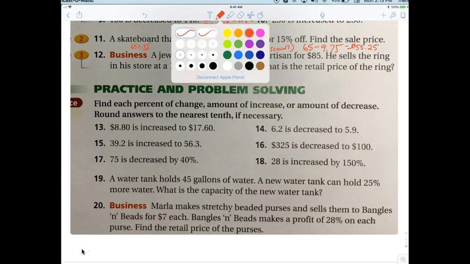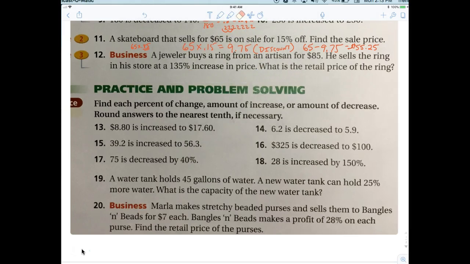Do you really think someone would pay 135% more than what that value is? Yes or no? No. What if it was a Picasso, though? Yes. You see what I'm saying, right?